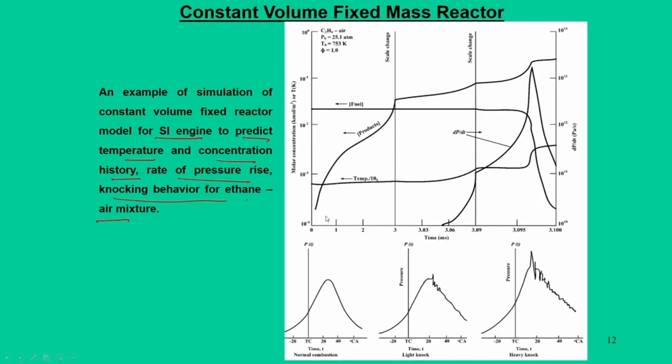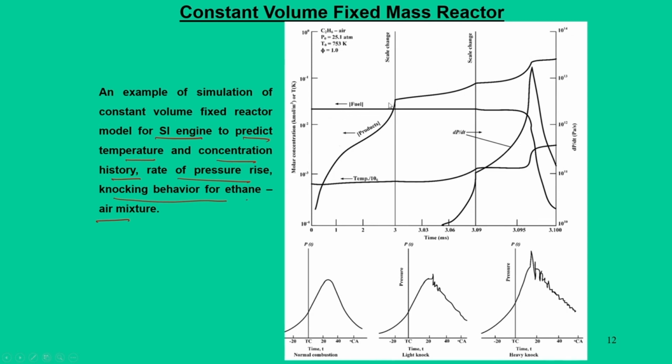What we see here is the model data, and in this model the fuel taken is ethane, and it is getting combusted in air, as in an SI engine. You can see that the fuel concentration suddenly drops after maybe 3 milliseconds. If you look at the products formed, their concentration keeps on increasing with time.